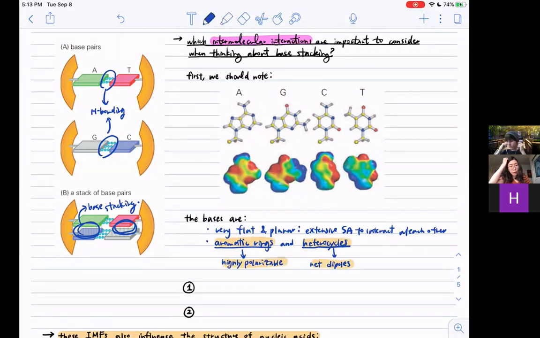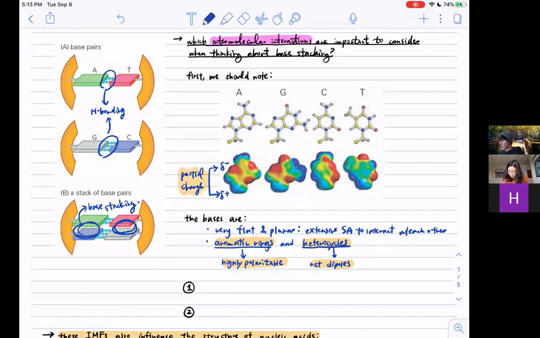And so if we look on this diagram up here, we can see this red region is a region of partial negative charge, and this blue region is a region of partial positive charge. And so here are the partial charges as a result of the bases being heterocycles and being aromatic rings.